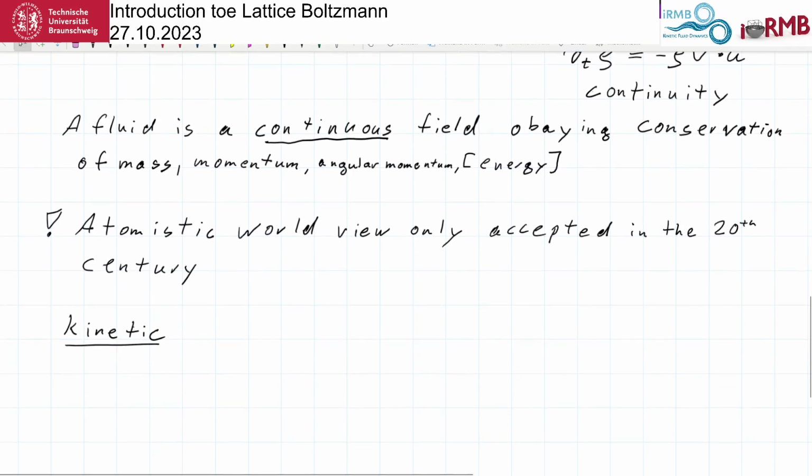So this all goes down to what Boltzmann derived with the so-called Boltzmann transport equation.